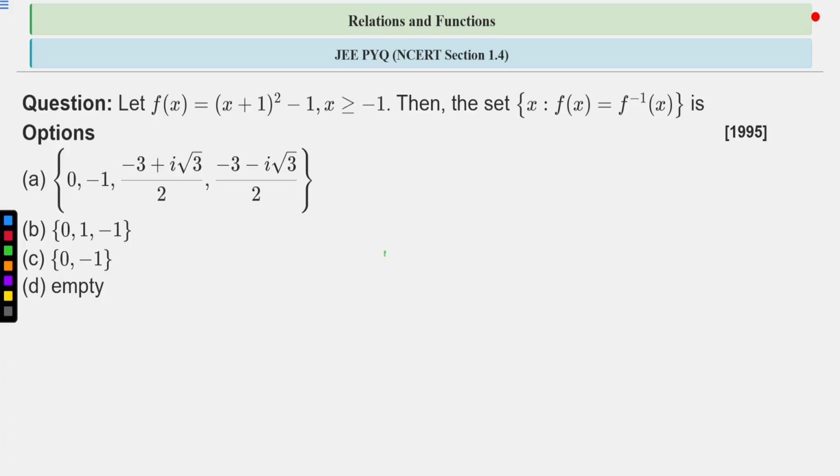In the function y = (x+1)² − 1, you replace x with y and y with x, and you calculate y in terms of x. Got it? So you have 10 seconds to solve or think about this question. After that, we will discuss the solution part.